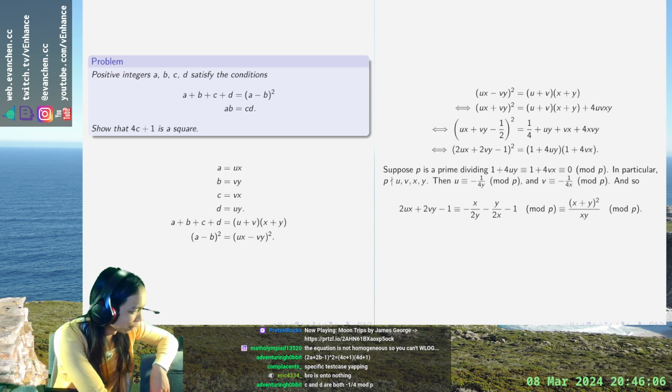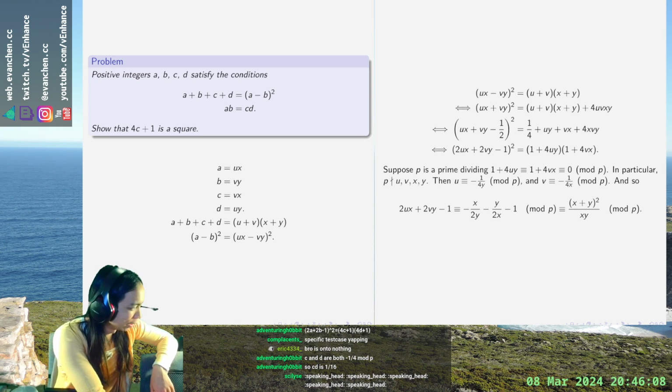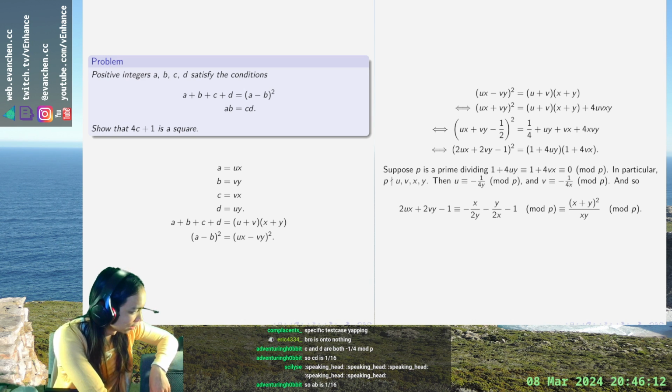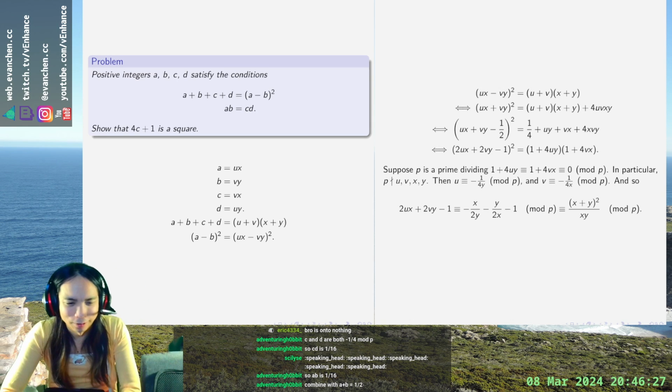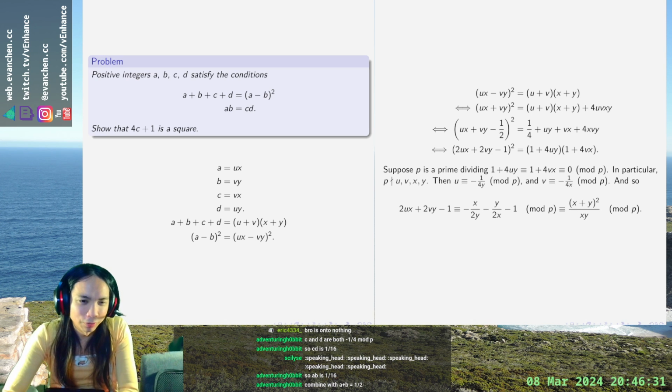Yeah, okay. But like P dividing A minus B squared just tells you A and B are congruent mod P. Like, okay, like here. Yeah, 10th gave you this test case already.